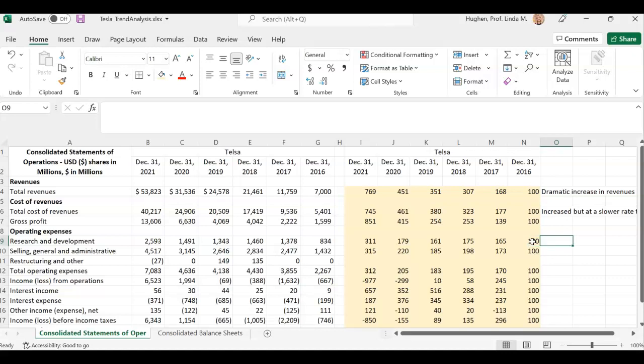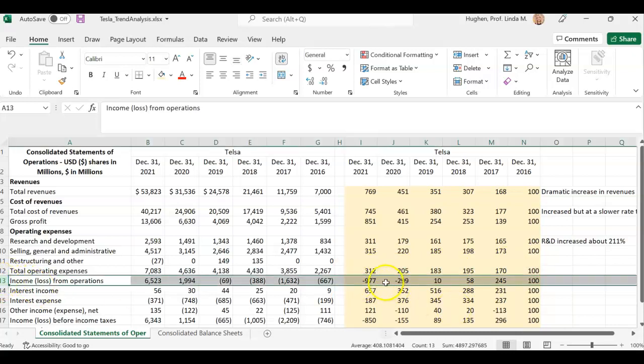So they didn't have to increase their R&D nearly as much in order to generate revenues that increased such a dramatic amount. 211%, or 3 times as much. And we see about a similar change in SG&A as with R&D expenses. Of course, this shows a similar increase in our operating expenses.